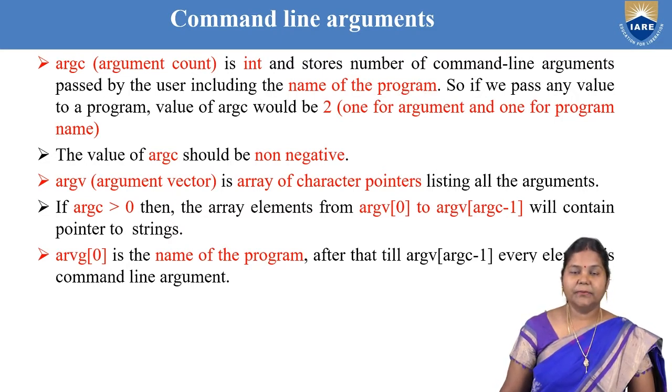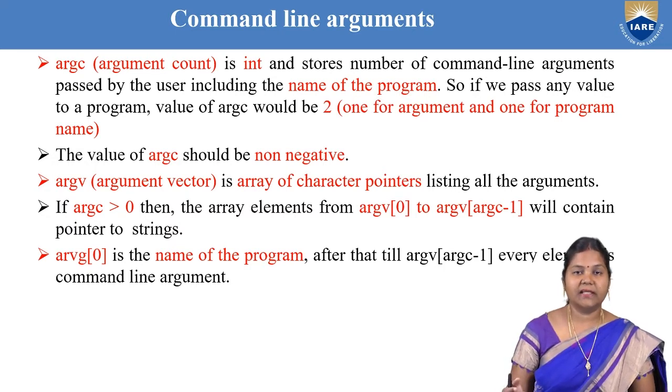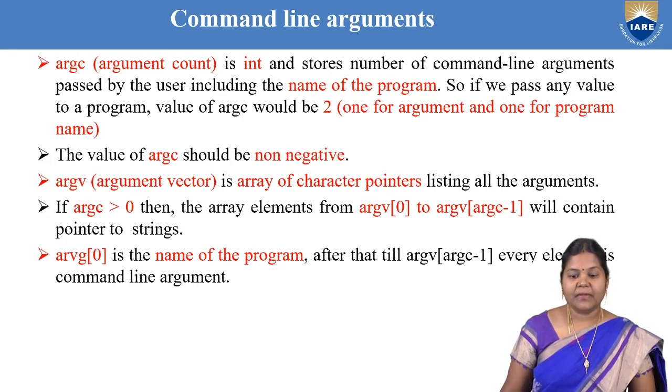Now, rc means simply an argument count, and it is an integer, and it stores the number of command line arguments you have passed. Whether you pass 2 arguments, 3 arguments, or any n number of arguments, it stores its count only. And the first argument is always the name of the program to which you are passing these arguments.